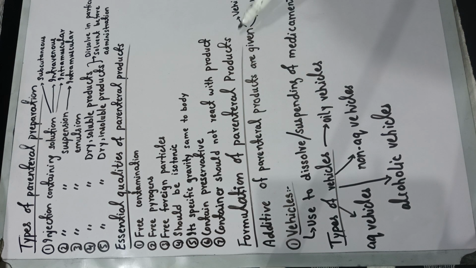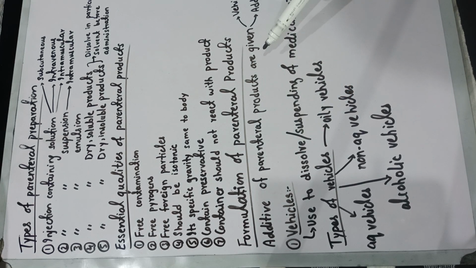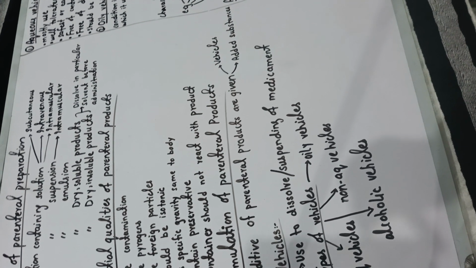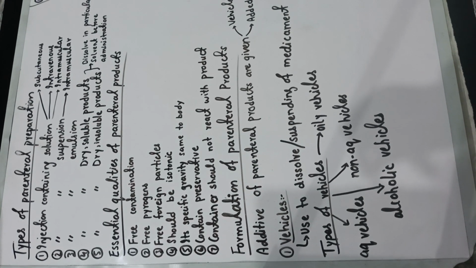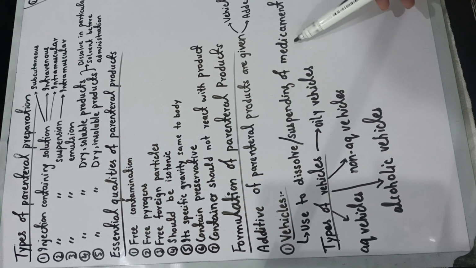Now let's discuss its formulation. Various kinds of additives are added into the parenteral products. These additives are the vehicle and some additive substances. The vehicles are used to dissolve or suspend the medicament.